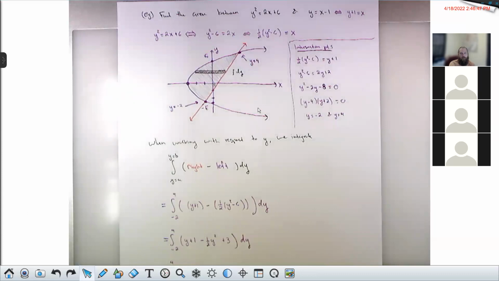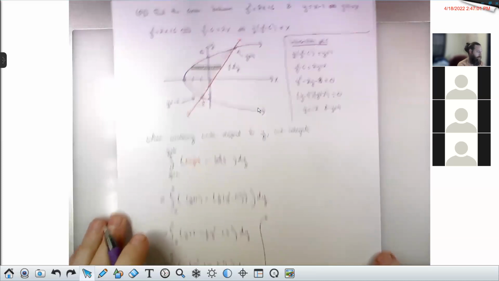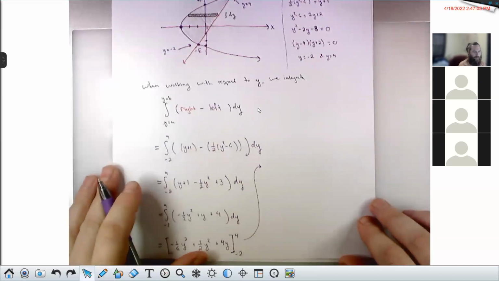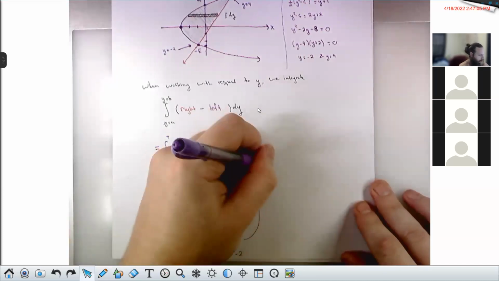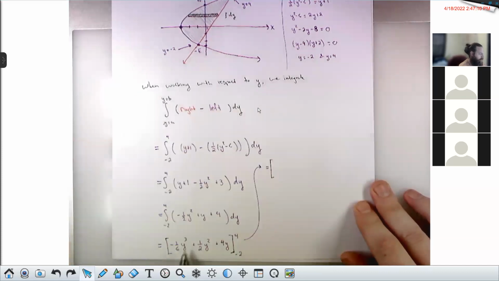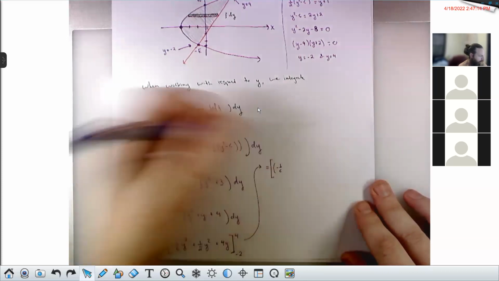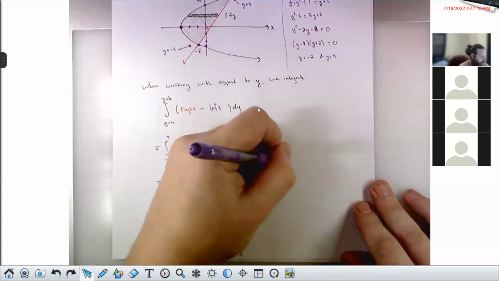Is it always going to be right minus left? Let's go ahead and do the evaluation then. We can go with bringing this up here. So at the upper bound, I'll have negative 1/6 times 4 cubed, which is 64.